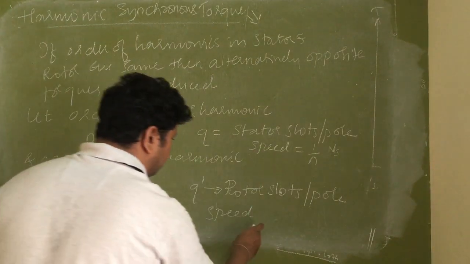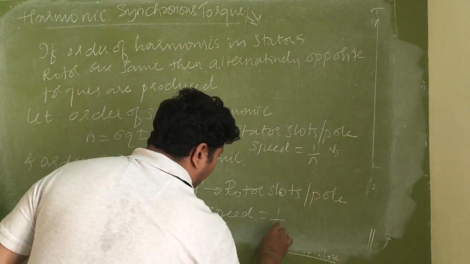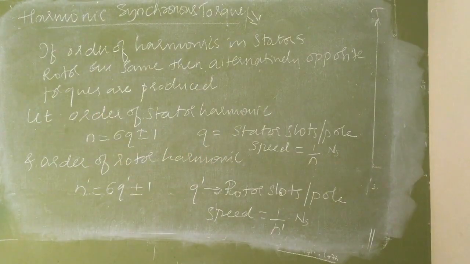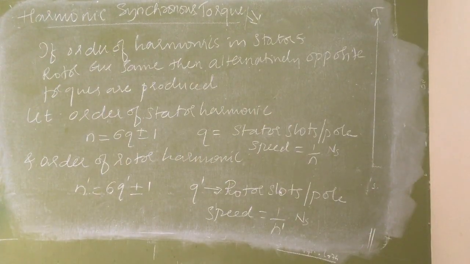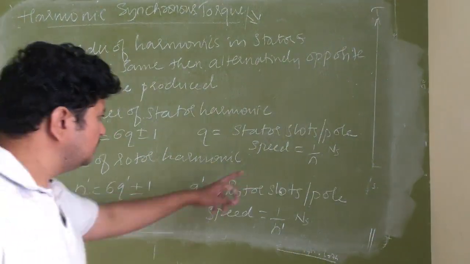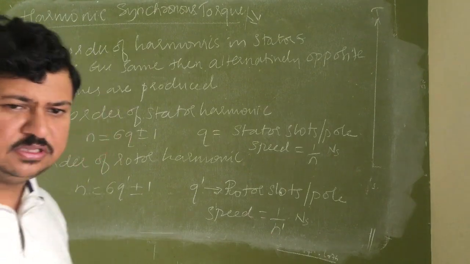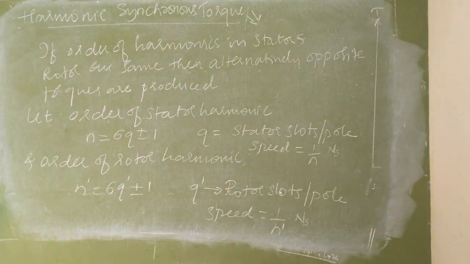It is 1 by n dash into ns, that is, 1 by n dash of synchronous speed. Now if these two speeds coincide, then there may be crawling because of synchronous torques.